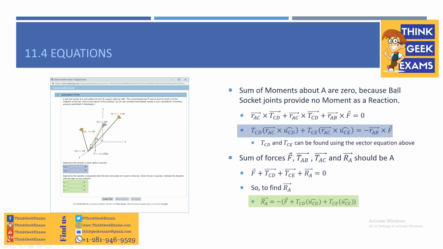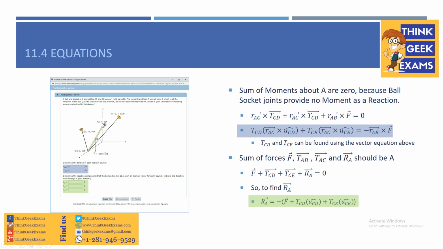We calculate the moment about A for the tension on CD. We do that by getting RAC cross the force CD, so TCD. That's the first term over here. Then the second one is the moment for the tension on CE.